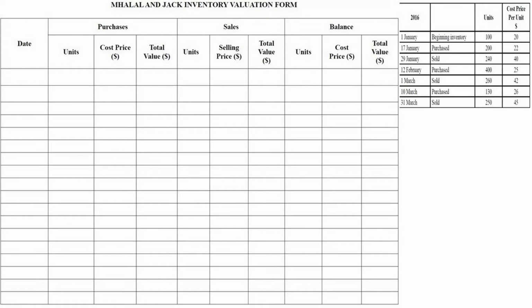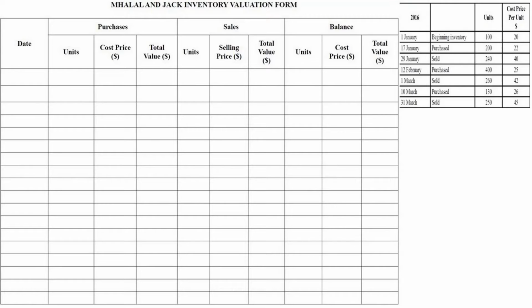So our question begins on the 1st of January 2016 with beginning inventory, 100 units at a cost price of $20 per unit. Now, this simply means that our last accounting period, we would have closed off with 100 units at $20 per unit. So the ending inventory of the previous period would be our beginning inventory for the current period.